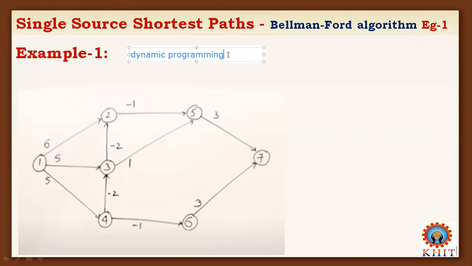If you want to solve the problem by using the dynamic programming technique, you use the Bellman-Ford algorithm. The Bellman-Ford algorithm can support negative edges.